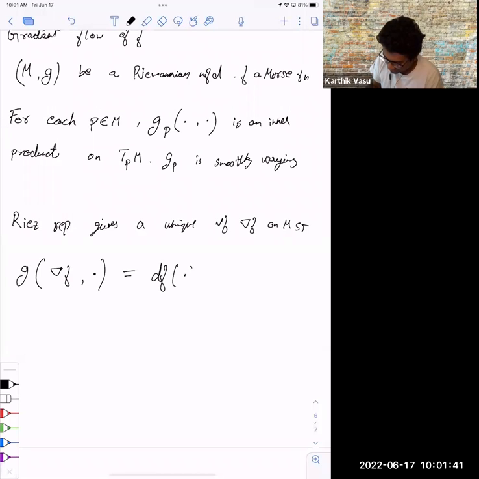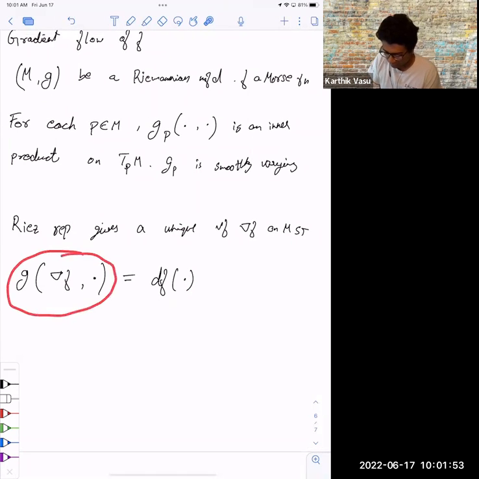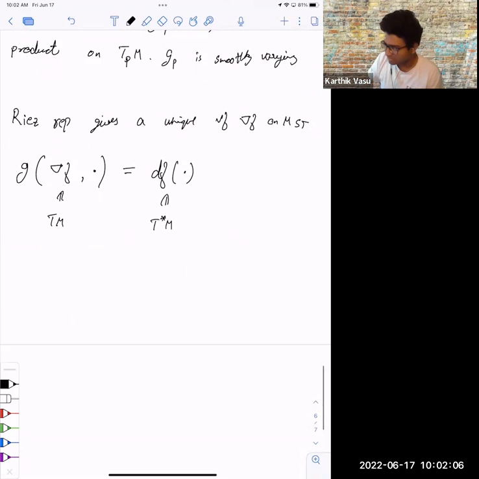So dF is the differential of F, which I can define without any metric. This is a one-form, in the cotangent bundle. Because I have an inner product, I can get a dual to that, which will be in the tangent bundle. That's why I need a metric here, because I want to take a dual.